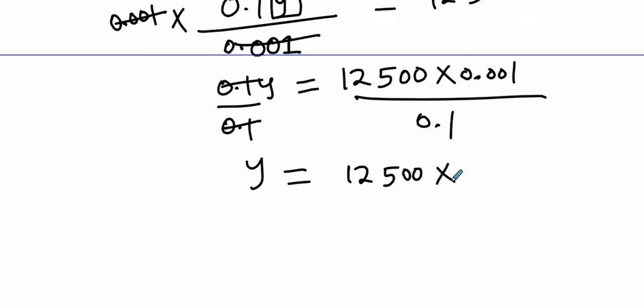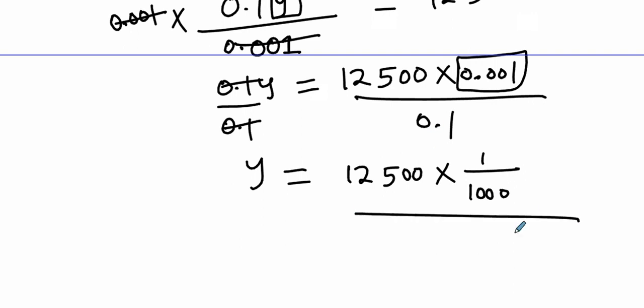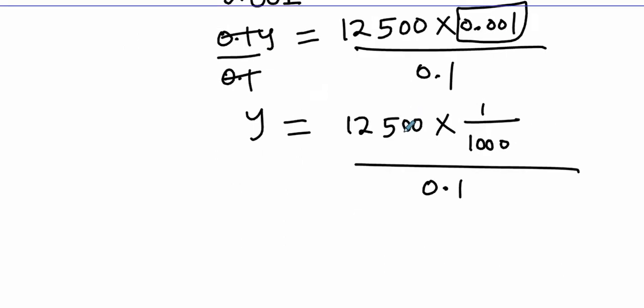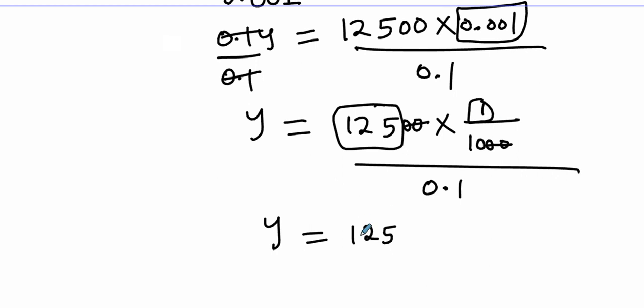Okay, so this will be equal to 12,500 times, write this as a fraction, 1 over 1,000. You see that? Right, then divide by 0.1. So these two zeros can cancel. Okay, so this will be y equals 125 times 1, equals 125 over 10.